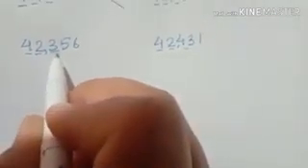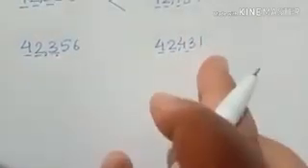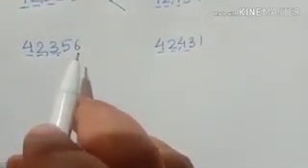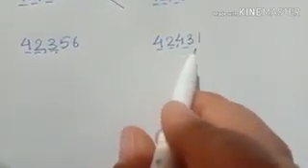So therefore what do we need to do? We have to compare the numbers here, and when we compare, we can identify 42,356 is less than 42,431. Therefore, we should not forget to put the sign.